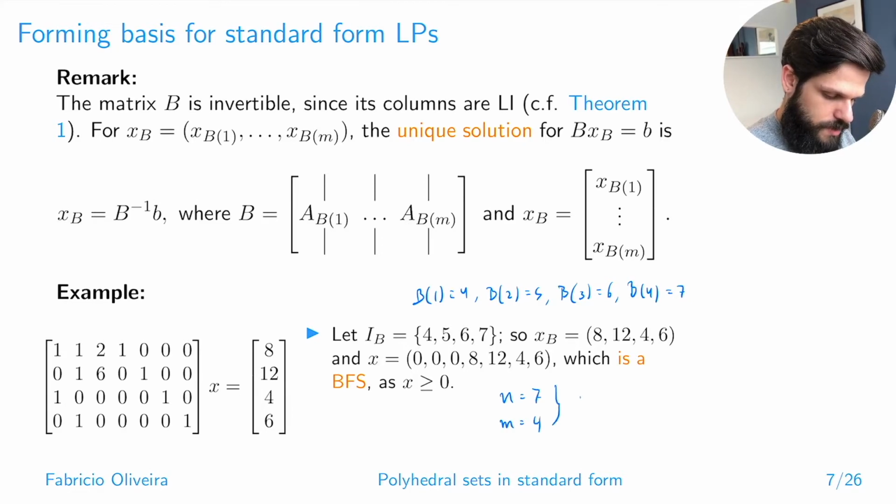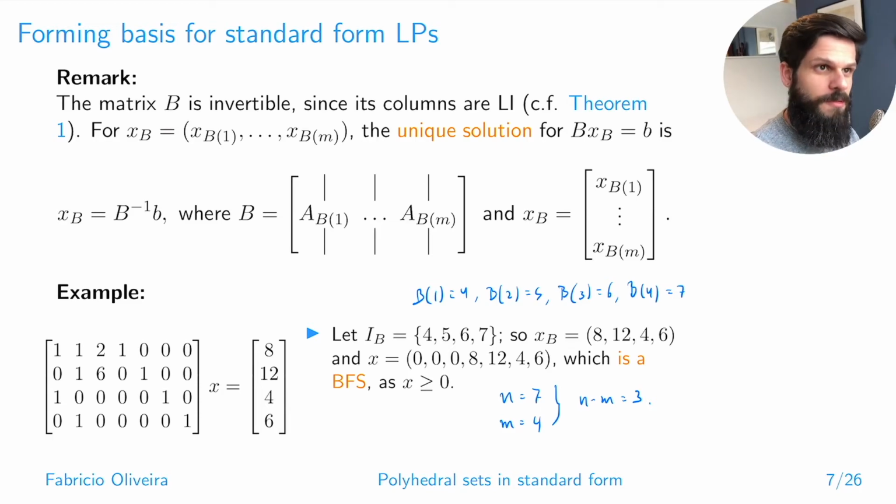So I have to select n minus m equals 3 variables to make 0, so make other 3 constraints active. And because this is a problem in R7, because I have 7 variables, I need 7 hyperplanes to intersect, so I have a vertex, which is a basic solution.